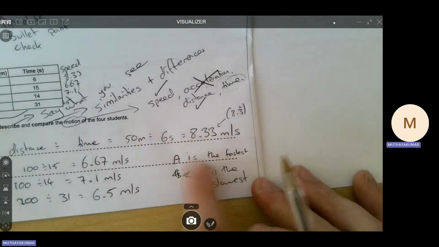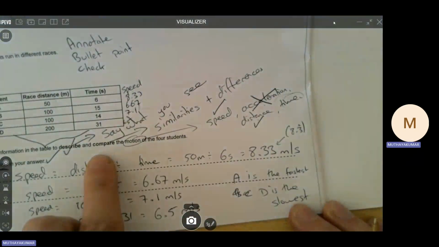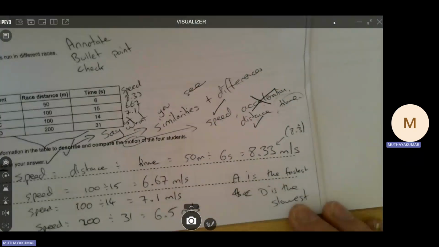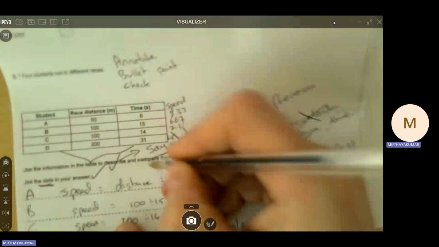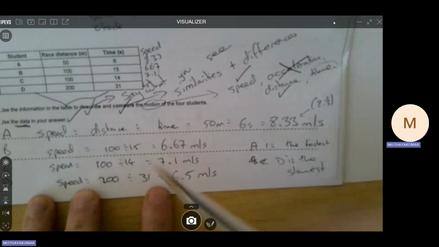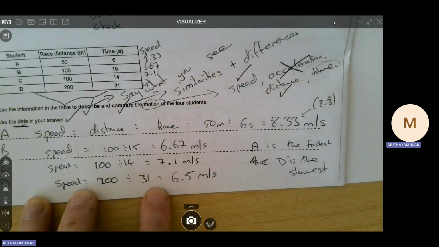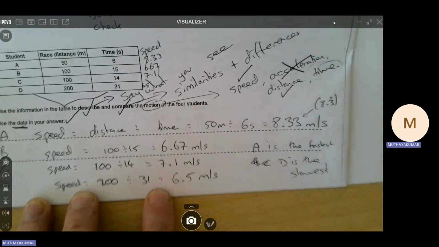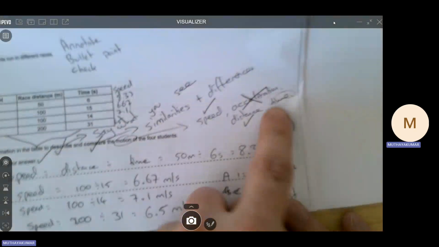We have done a bit of description, the really obvious stuff. Have we compared them? We've done a little bit of comparison. Have we done roughly 6 things? 1, 2, 3, 4, 5, 6, and the one on the page 7. A good indication maybe we've done roughly the right amount. The only thing we haven't done is time.